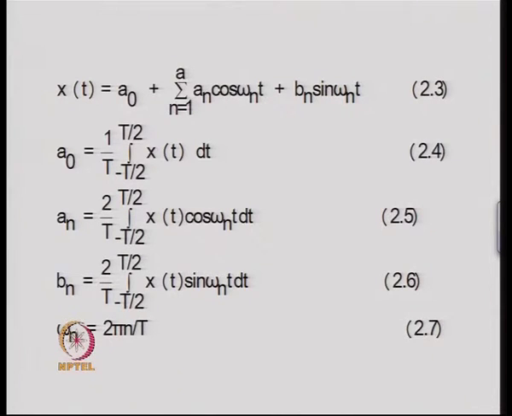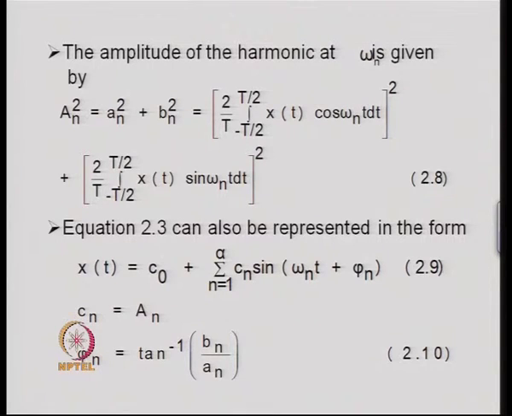Equation 2.3 can also be written in the form of equation 2.9, as I told you before, by bringing in a phase into the equation, that is, a_n cos omega_n t plus b_n sin omega_n t can be written as C_n sin(omega_n t plus phi_n). The values of phi_n and C_n can be easily defined.